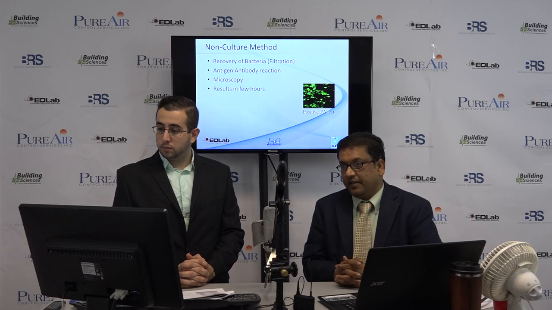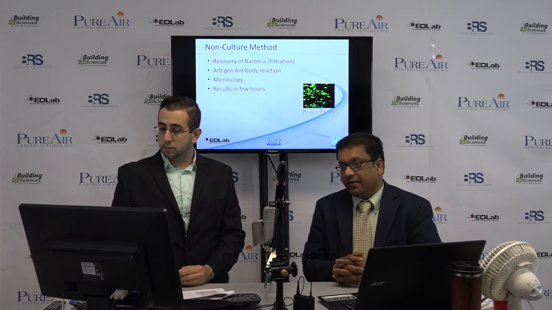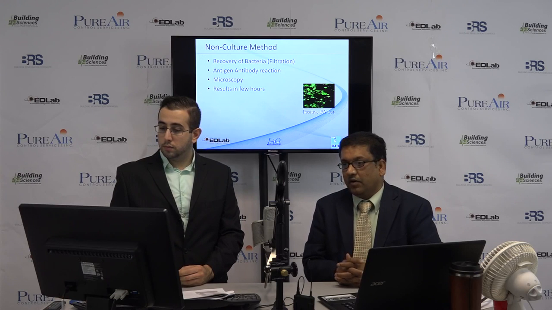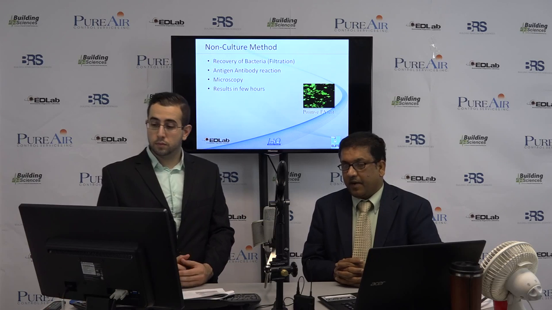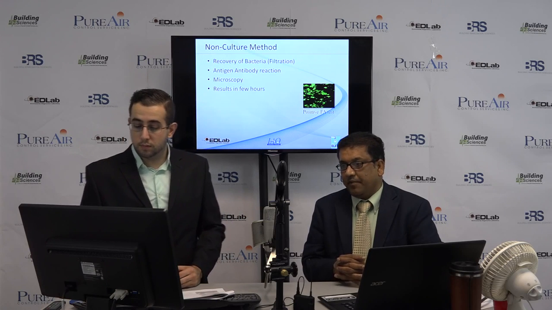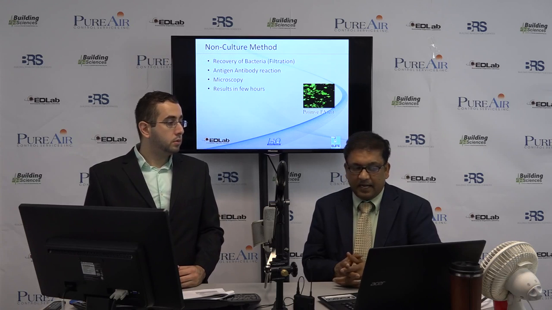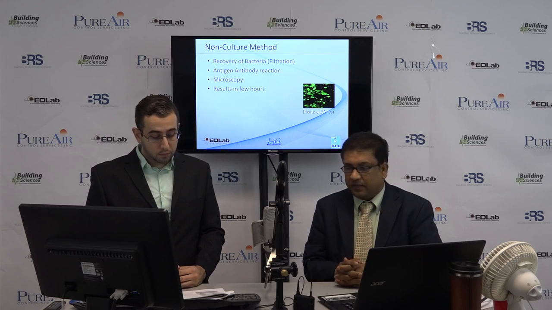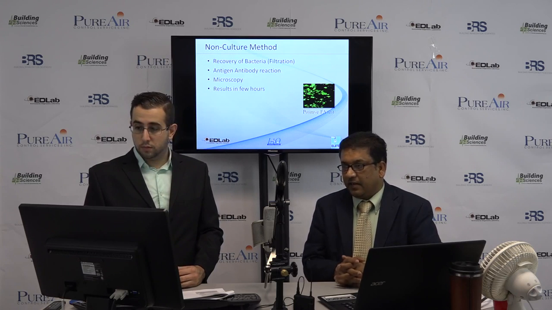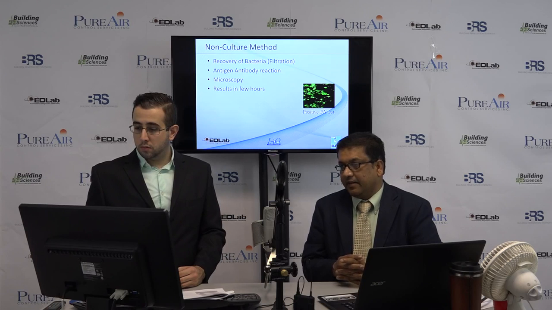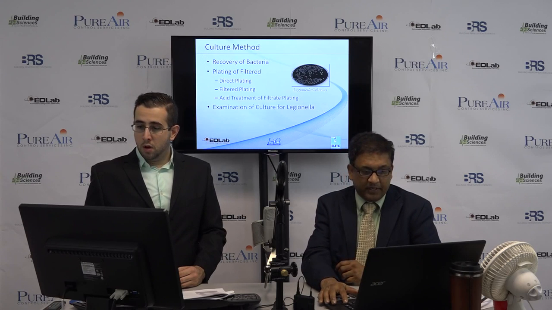You get the material on a filter, and then you put a dye stain on it, look under the microscope, and make an assumption about what bacteria it is. On this slide, you can see the fluorescing area, which is indicative of positive staining, a positive test, meaning that Legionella is present.